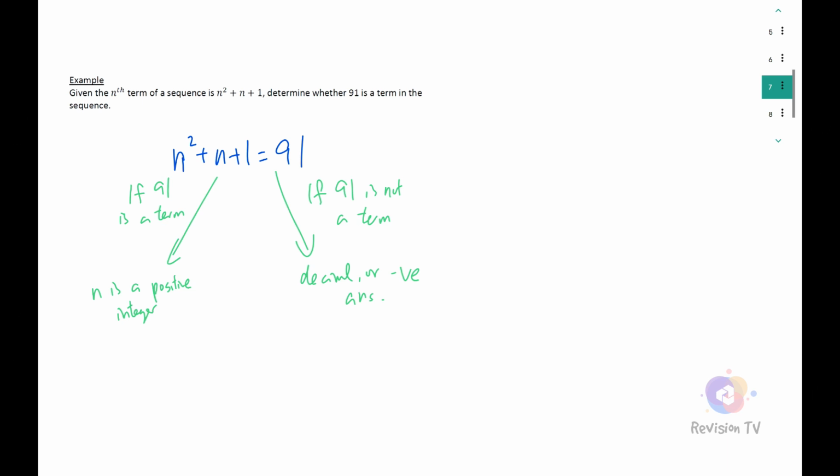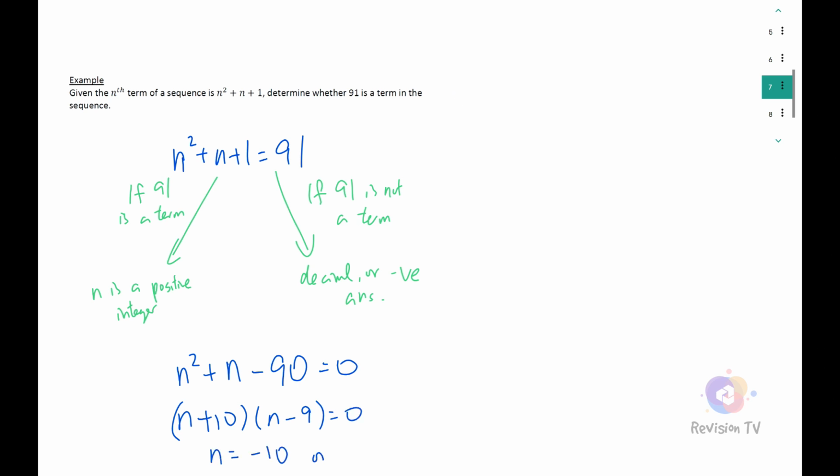First thing, we're going to bring 91 to the left hand side. So we subtract 91: n squared plus n minus 90 equals 0. Can it be factorized? 90, 10 and 9. Yeah, it works. So (n plus 10)(n minus 9) equals 0. So n equals minus 10 or n equals 9.